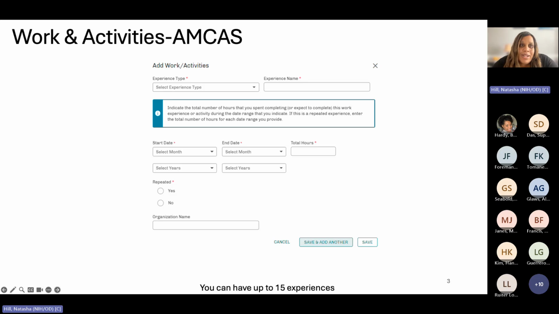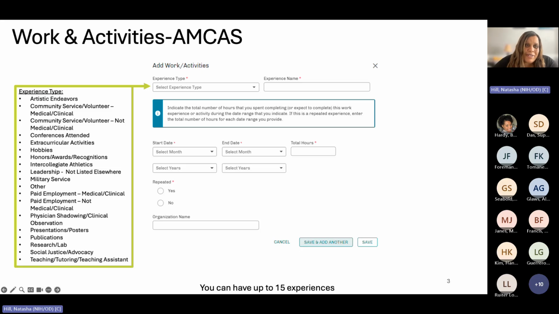So let's just jump right into this with the AMCAS work and activities section. For those of you who are applying allopathic medicine, this is going to be the application that you're going to be using. And once you get to the experience section, this is what the screen is going to look like. You're going to have a number of activities or experience types that you can select from the drop-down menu right here.